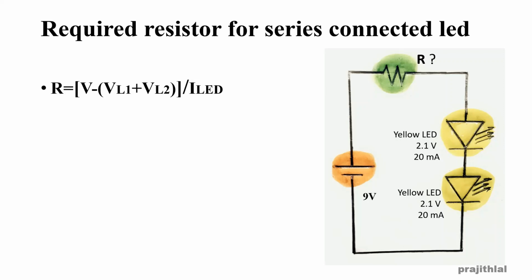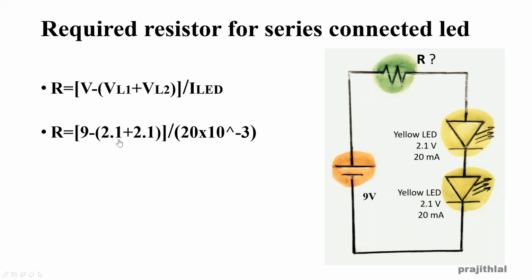The equation for finding the resistance is R equal to V minus (VL1 plus VL2) divided by ILED. So this V is the voltage supplied, VL1 is the voltage drop across first LED and VL2 is the voltage drop across second LED. So the V is 9 volt, 9 minus. Here we are using same LED, so 2.1 volt same.